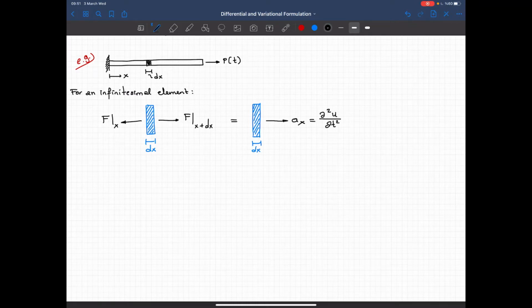Now I want to show these forces in terms of stresses. This is stress times area at x. This is equal to stress times area at x plus dx.